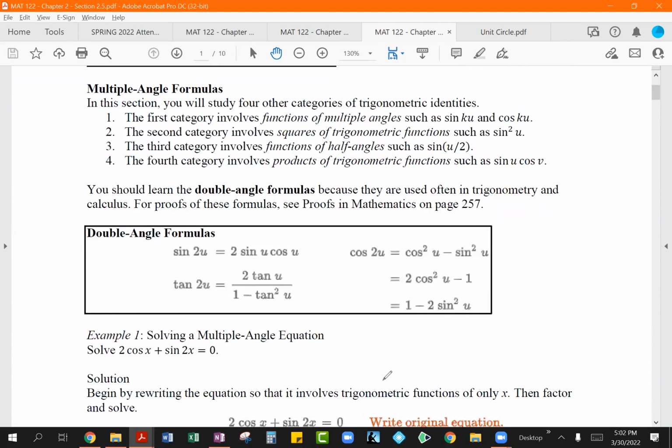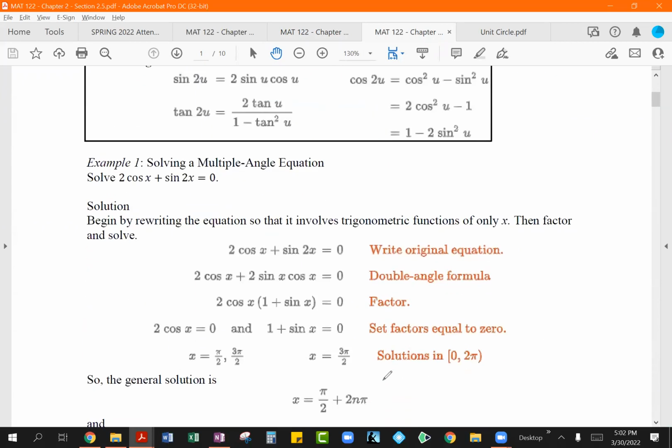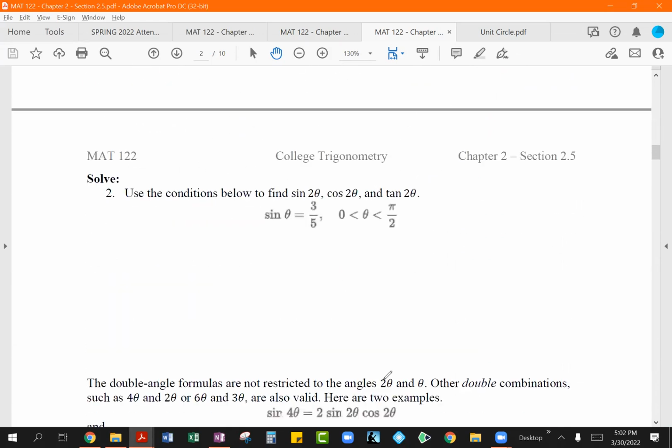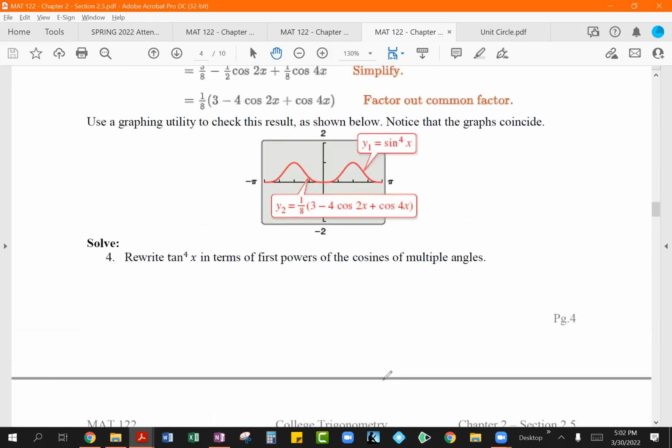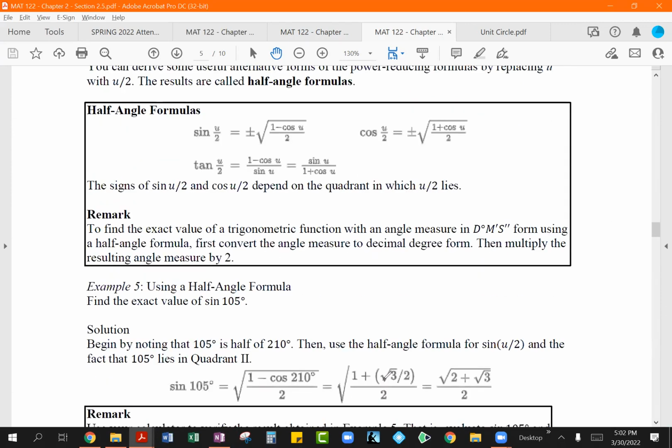So over here, remember we talked about those multiple angle problems last time. So we're kind of bringing in some formulas based on the double angle formulas. You've got your half angle formulas. We had also looked at those. Right here, where you have 2 times u or u divided by 2. So we call them the multiple angle formulas.